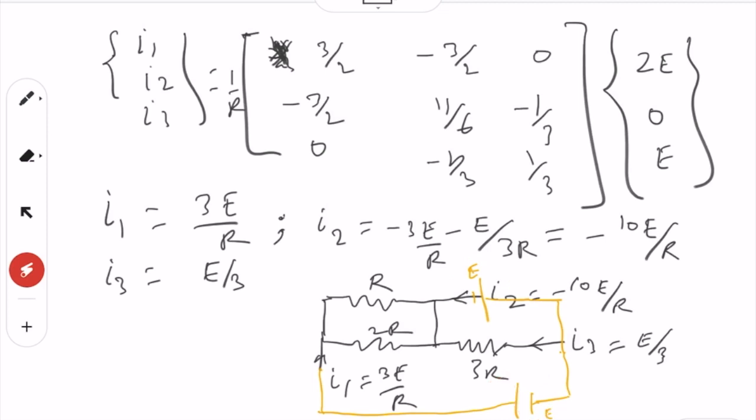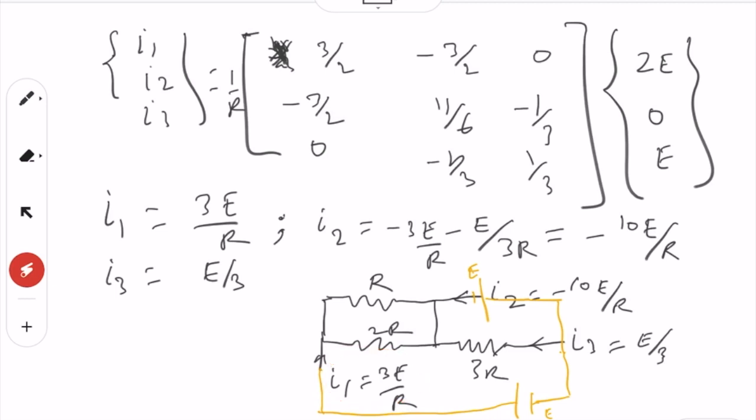So looking at this one, you know that the current flowing through the upper cell is nothing but I2 only, but here we indicated this to be right to left, but we got negative. Hence the current flowing through this cell is from left to right, and the value is 10E over R. So we can write that. Similarly here, whatever current is coming to this one should come from outside, and the outside source of this circuit is the cell basically, and hence the cell will provide this much current.